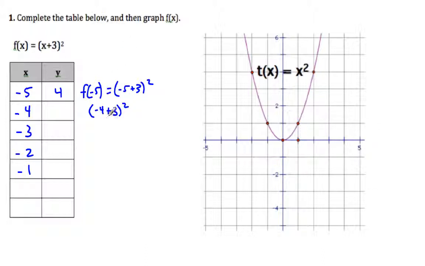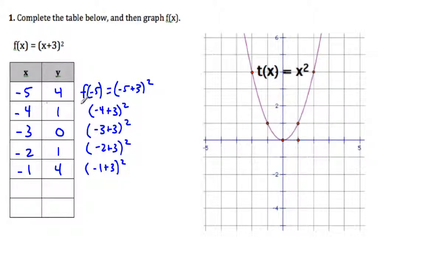This is -1 squared, which is 1. Now we have -3 plus 3 squared. This is 0 squared, which is 0. -2 plus 3 squared is 1 squared, which gives us 1. And here, -1 plus 3 squared. This is 2 squared, which gives us 4.